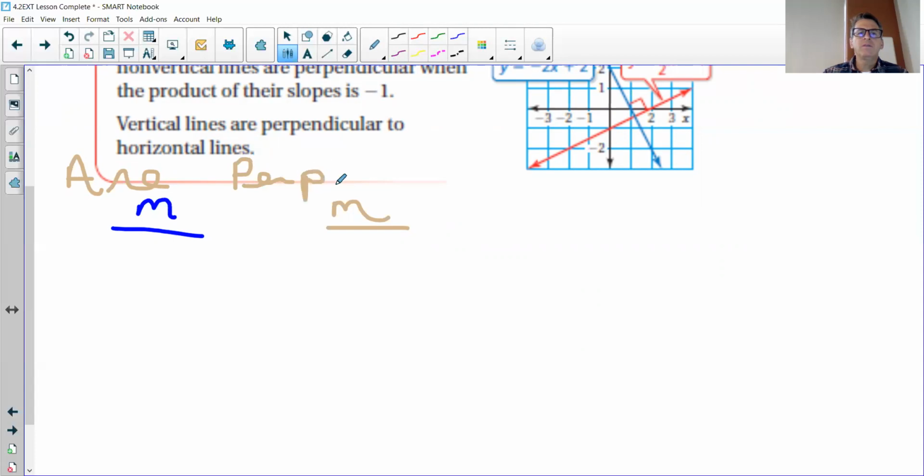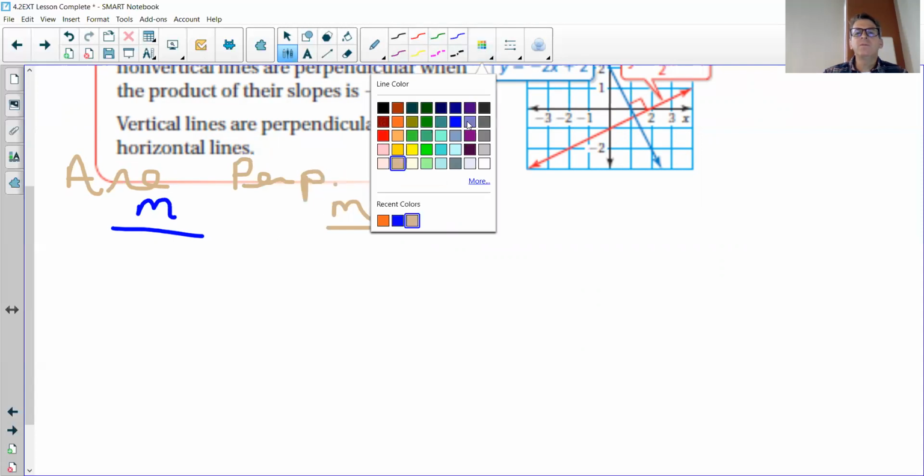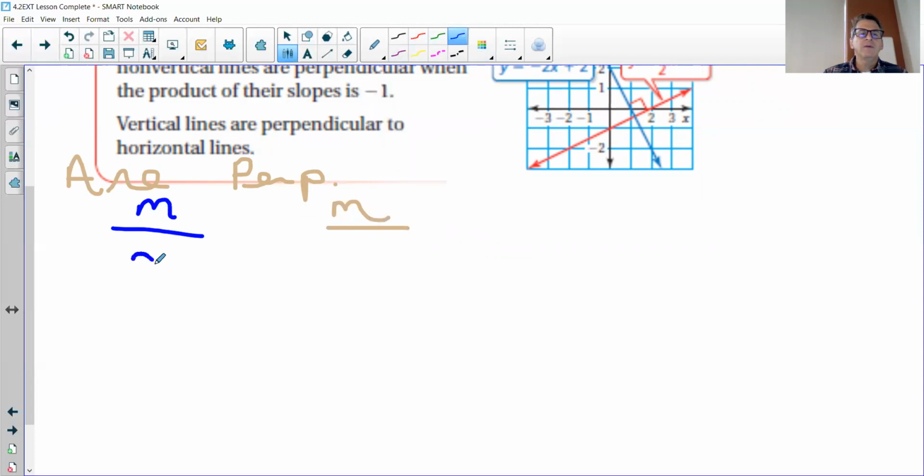What we're going to do is put a few sloped lines out. Let's say we have a slope of 2, a slope of 1/2, a slope of -3/7, and a slope of -4/5.